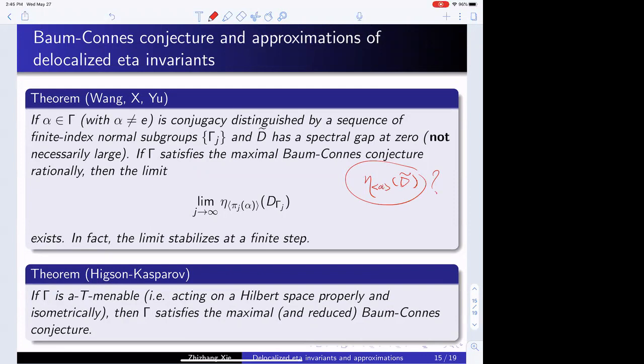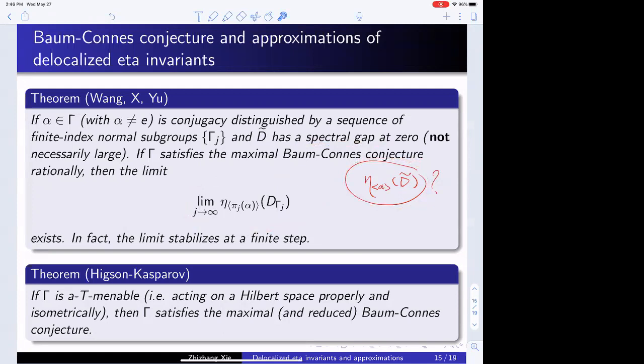But if the group is more special, then indeed you can show in this context that, I'm not saying the spectral gap is sufficiently large, it might not be large, but still if there are situations where this makes sense, then this limit is actually equal to that in some geometric situations, or if you put extra conditions on the group, okay?